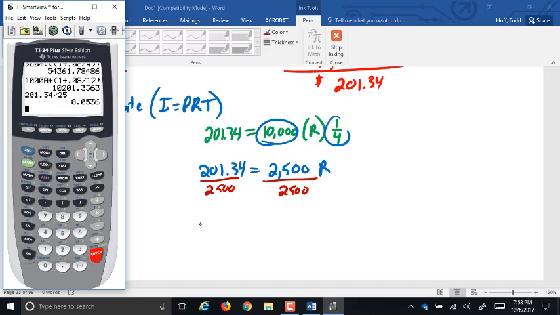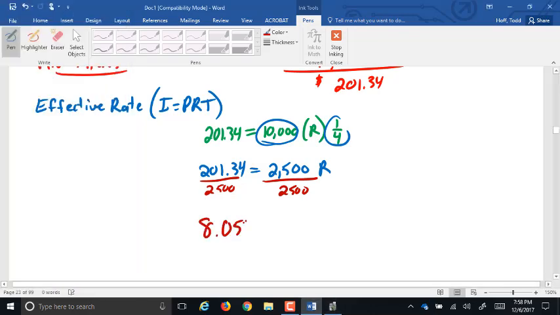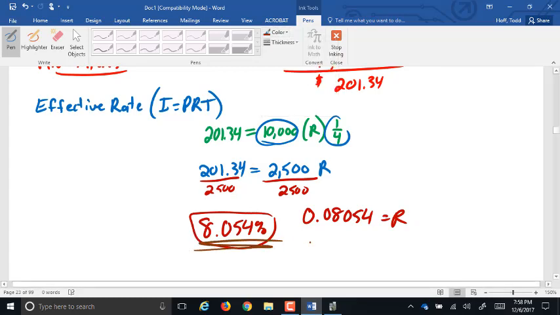We get 0.08054 equals R, which is 8.054%. I am going to keep this out to the 1,000th of a percent for now. So notice it pays slightly more than 8% as your effective rate.